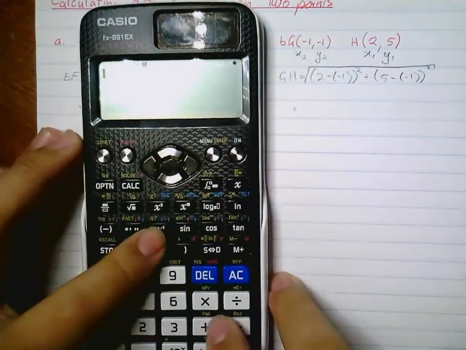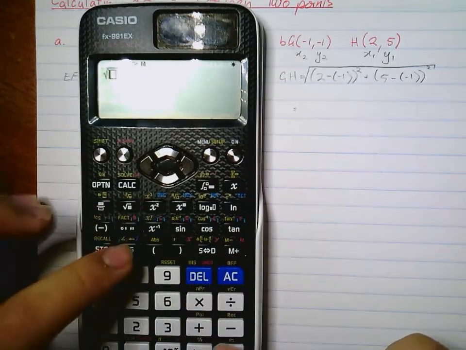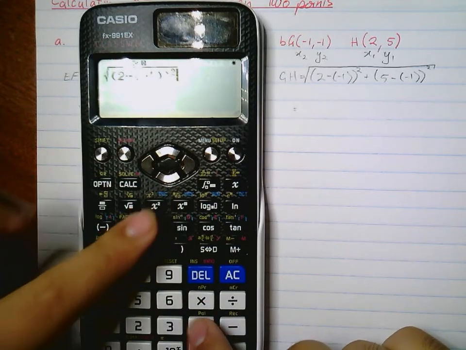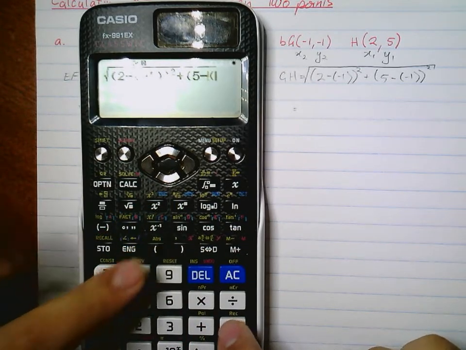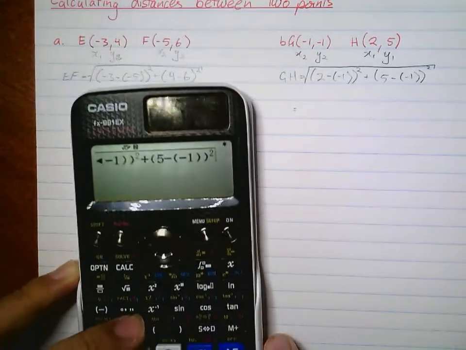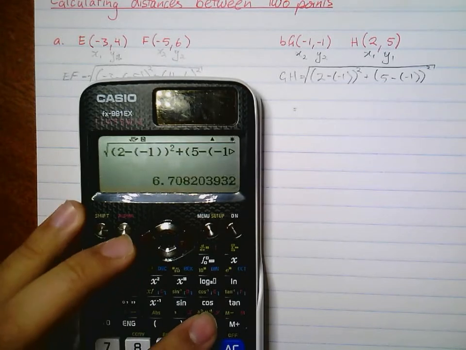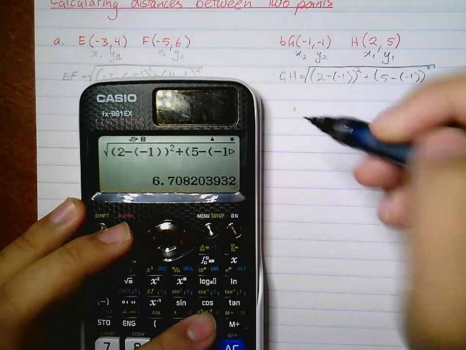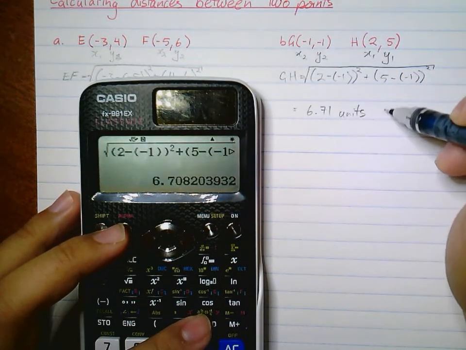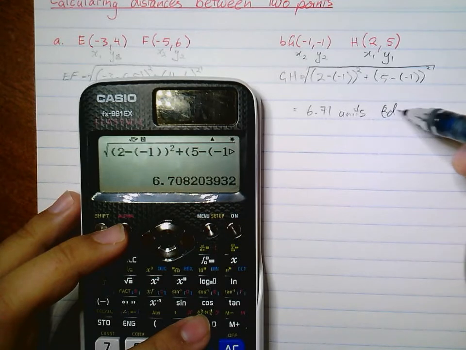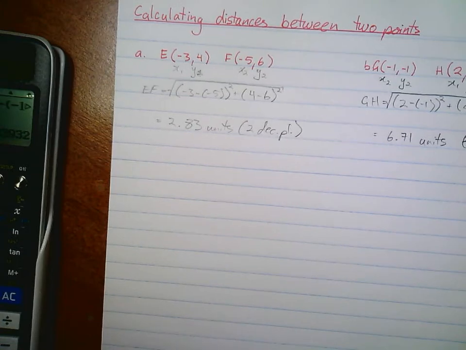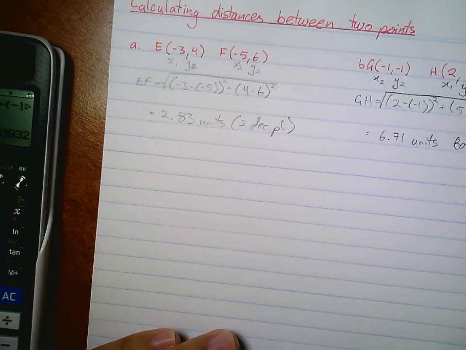Using our trusted calculator, here we go. 2 minus 1 squared plus 5 minus 1 squared gives me 6.71 units to 2 decimal places. This here is how we calculate distance between 2 points.